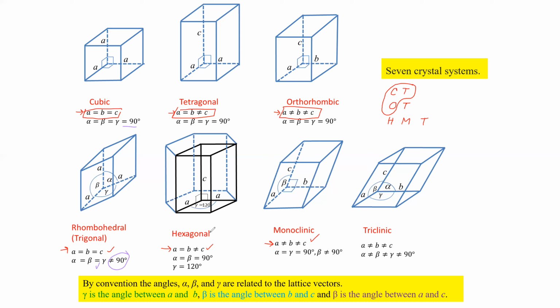Move to hexagonal. So this is C stretching, as we learned from the last slide. Alpha is the same as beta and is 90 degrees, but gamma is 120 degrees.